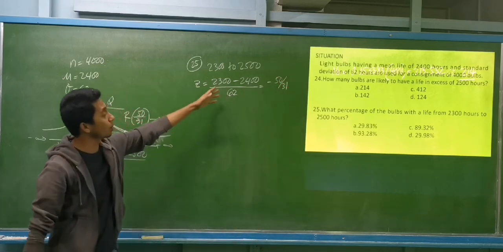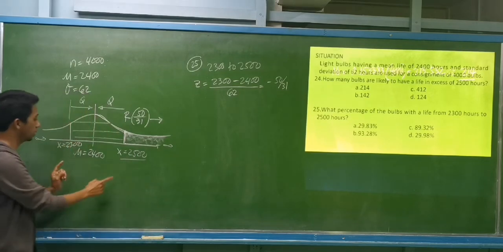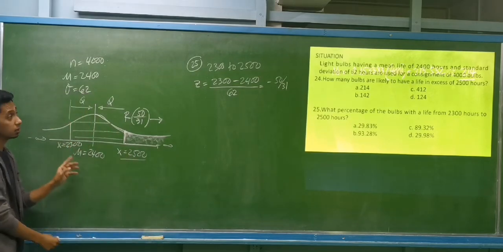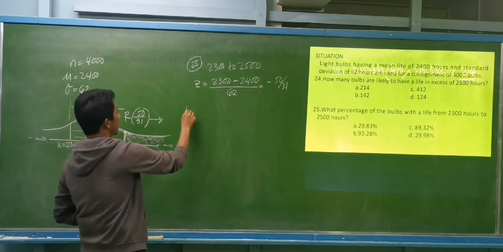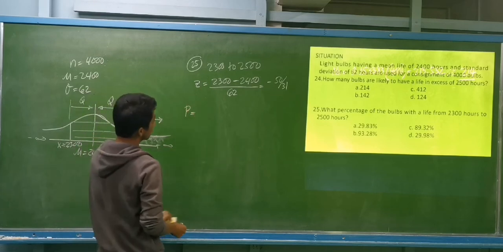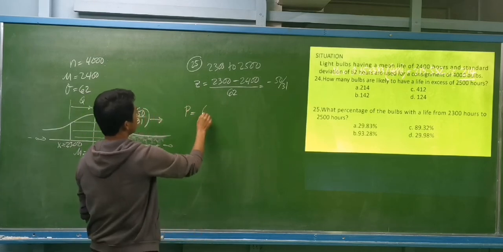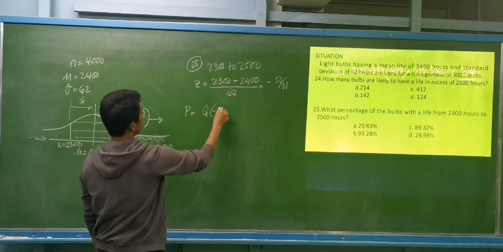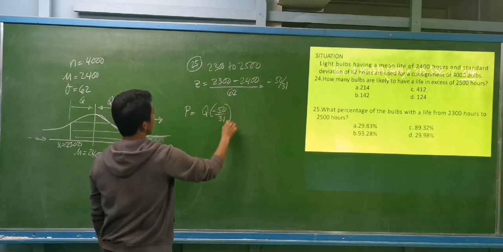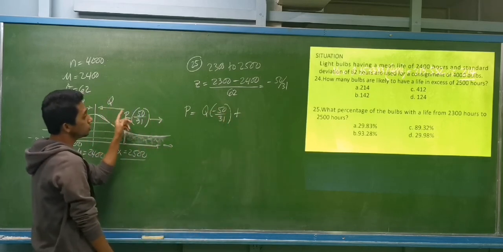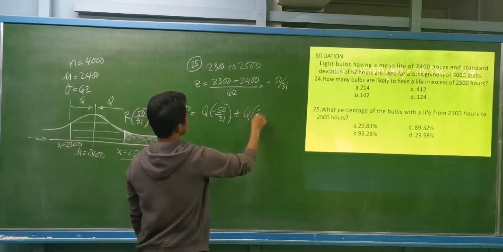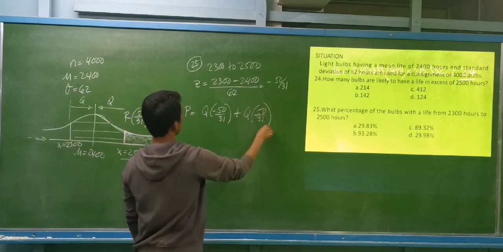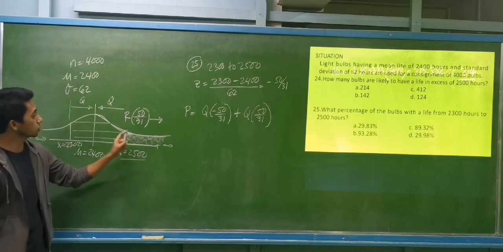Kasi pareho lang kanina, 100 lang naman yung difference nila. Diba? 100, 100. So, yung probability na hinahanap natin dito is basically from Q of negative 50 over 31 plus yung Q of positive 50 over 31.